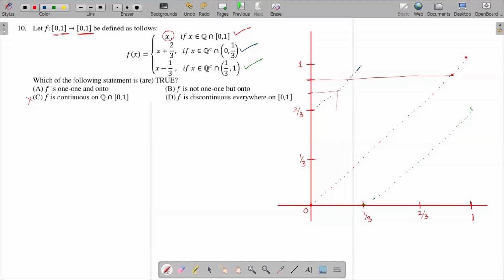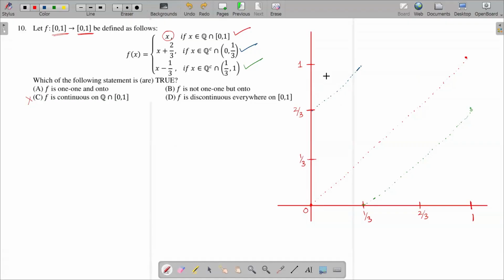So it is 1-1. And how about ontoness? Is it onto? Yes, sir, because if we draw a line in this restricted domain and codomain, there is at least one point which will cut the graph.